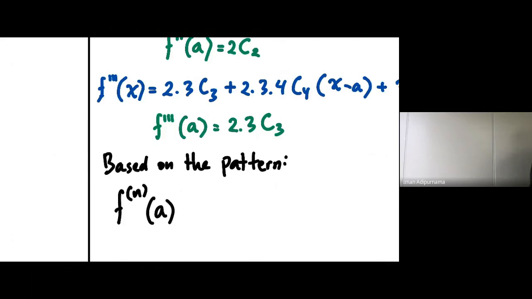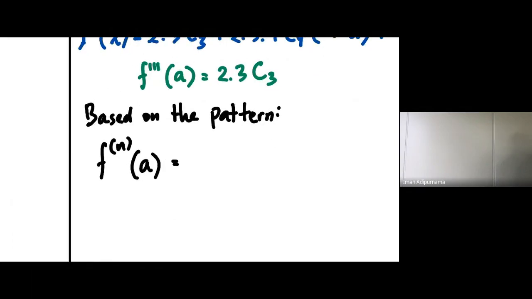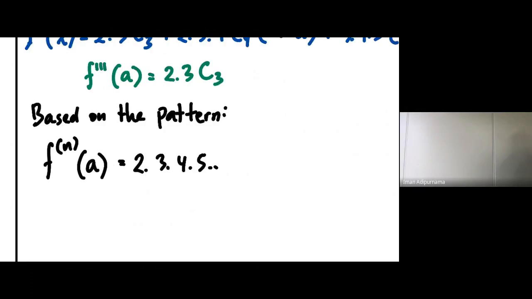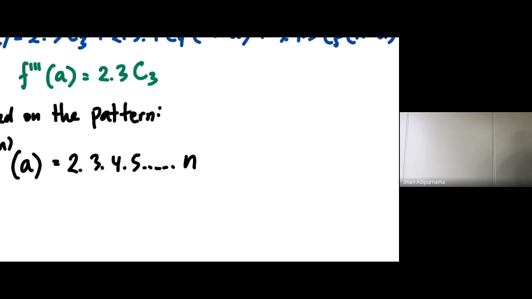The n is how many orders you differentiate the function. It will be 2, 3, 4, 5, and at some point until n, and then Cn.